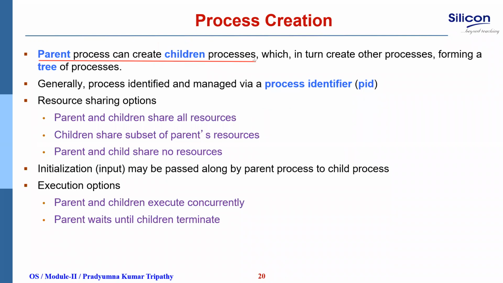That is what they can do for the resources: they may share all resources, they may not share any resource, or it is a subset of the parent's. About the execution, parent and child may execute concurrently.